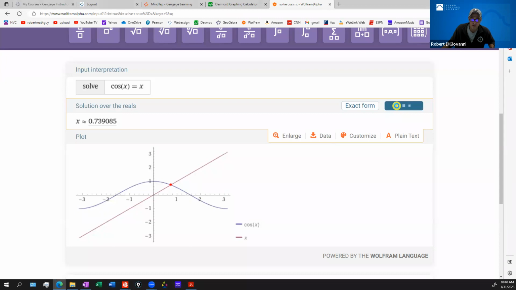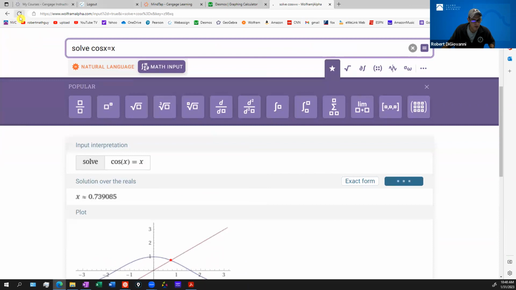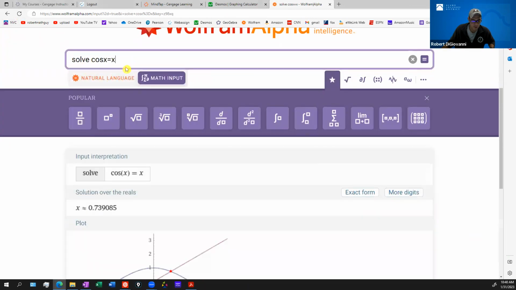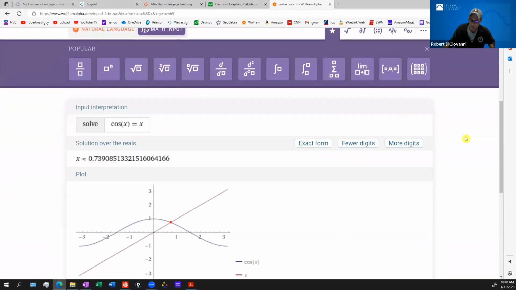Okay, let's see how long it takes. So now it's thinking. It's actually taking longer than it should. What is going on? I don't know why it's taking so long. Let me refresh the page. Okay, let me start. I'm going to hit enter, solved, got it, more digits. There, boom.